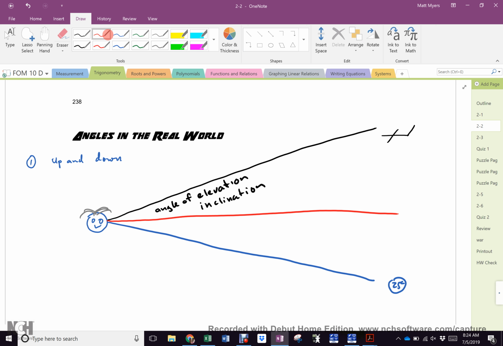I'm going to move line of sight over to here. This line down here is the angle, and I'm writing it in blue because it is the angle of depression. Because you're sad. Or it is the angle of declination.